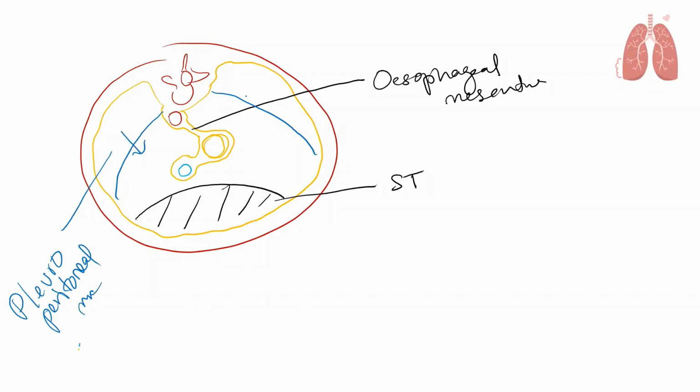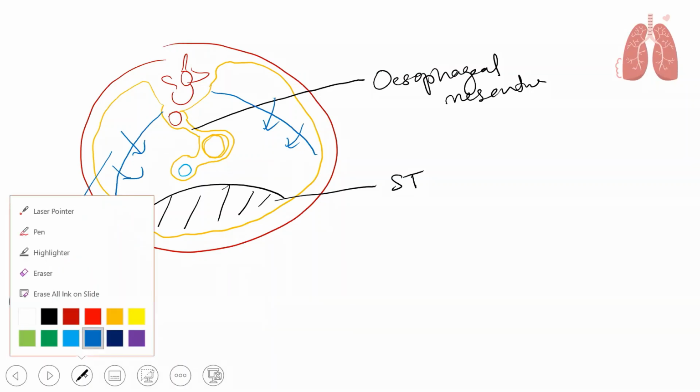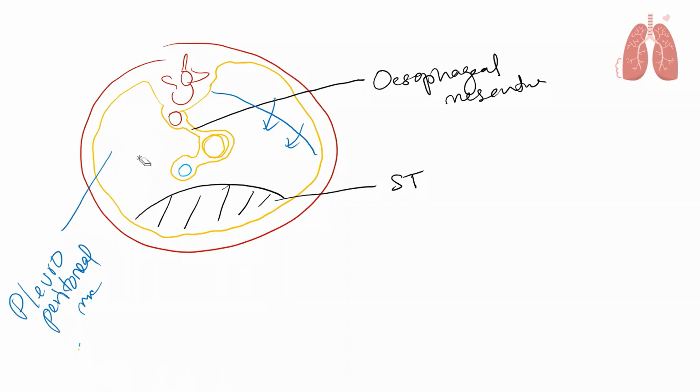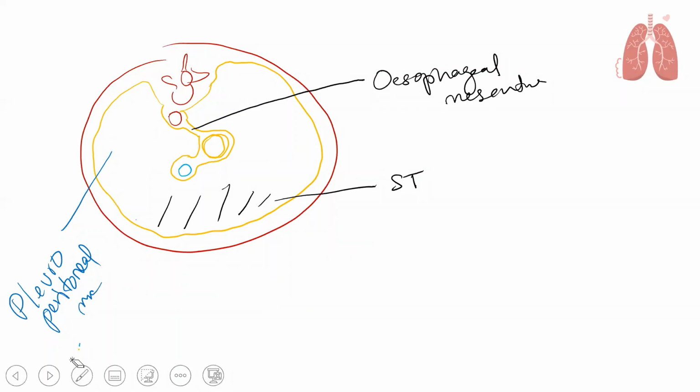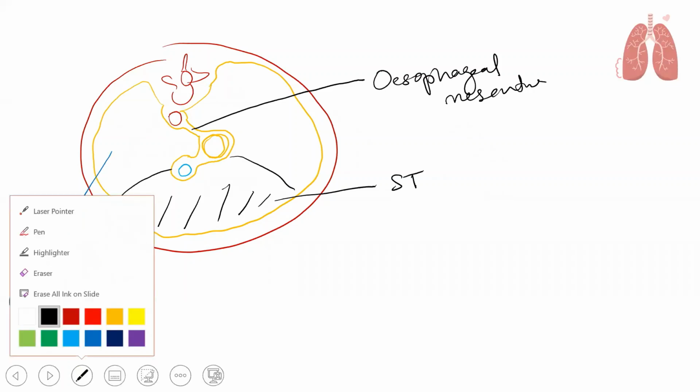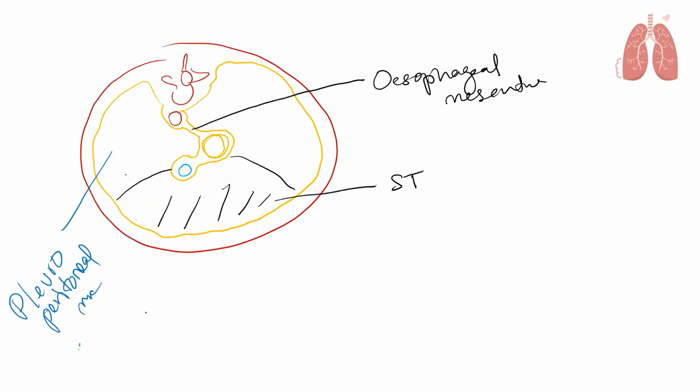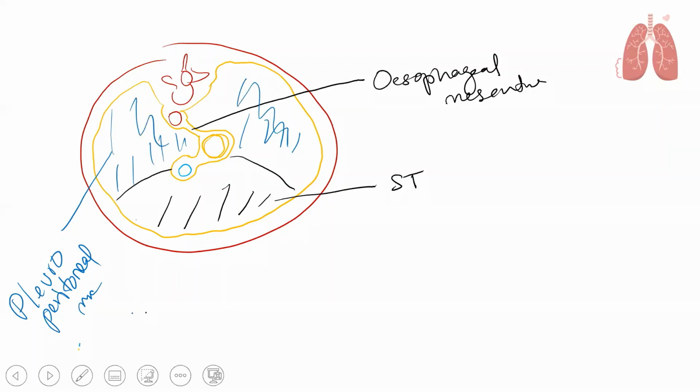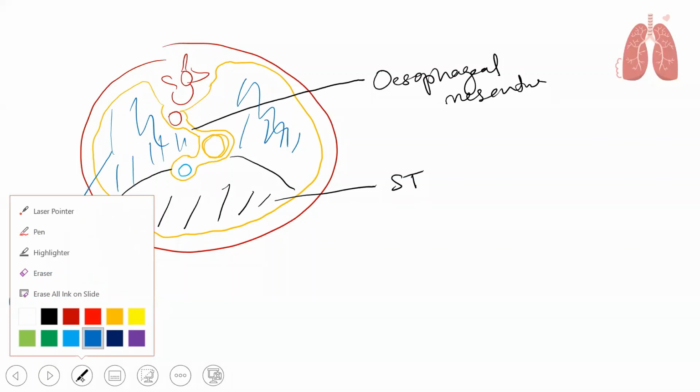So these move inwards from the lateral body wall, right? These gradually move inwards and finally get fused with the septum transversum. So the septum transversum moves like this, and the pleuroperitoneal membranes get fused with this, right? So after that, we have 3 of our components forming the diaphragm.